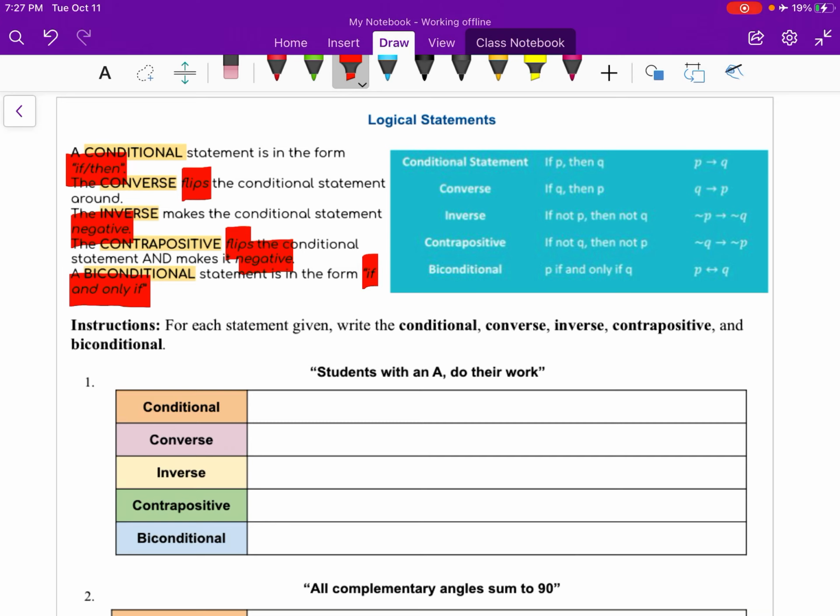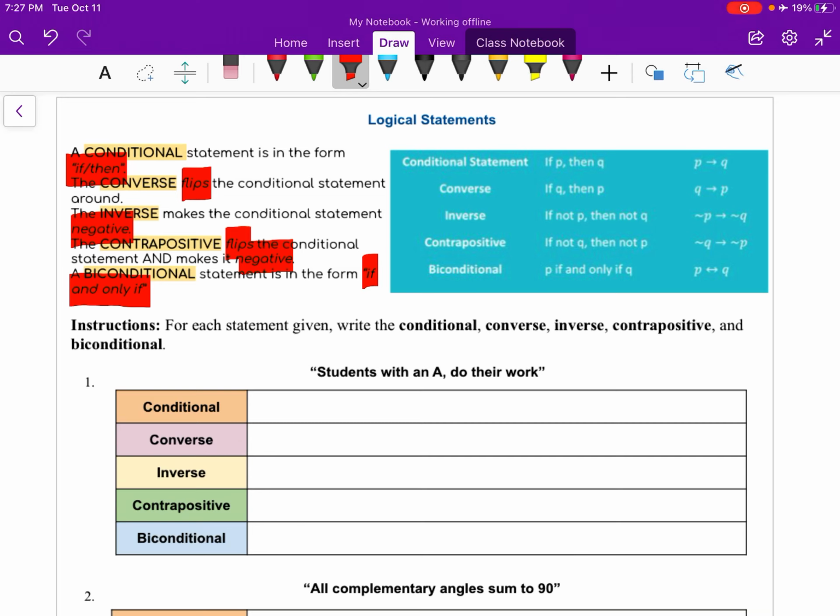If we look at the upper right-hand corner of this page, we have a general summary of each type of statement and how it should be written. The conditional statement should say, if P, then Q. The converse should say, if Q, then P, because our statement is flipped.